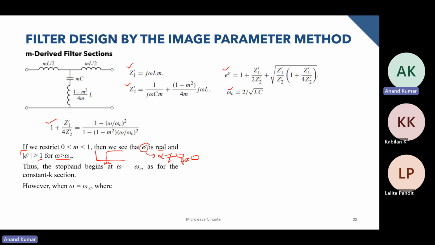So again, the stop band begins at the same place where we had it for the constant k. However, for a particular value omega equal to omega infinity, we have this particular expression over here.